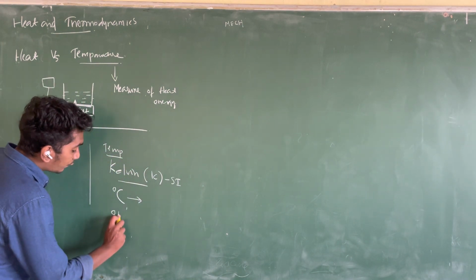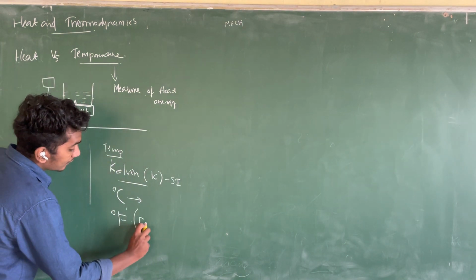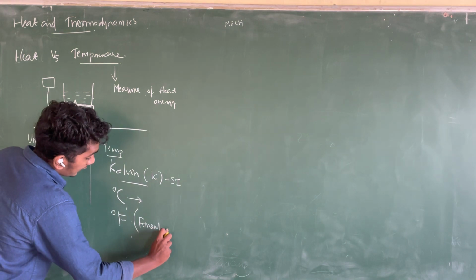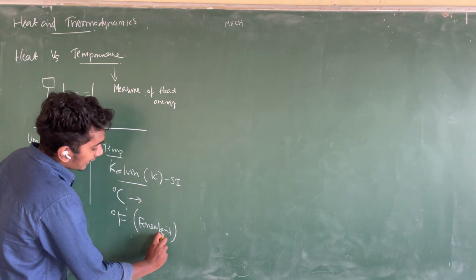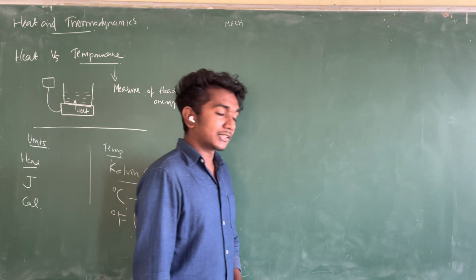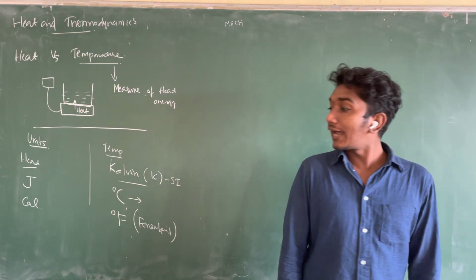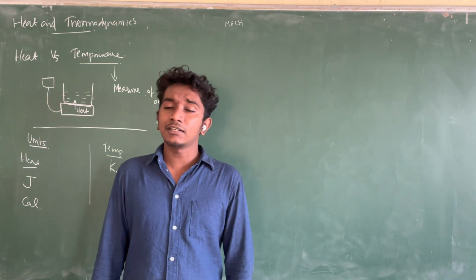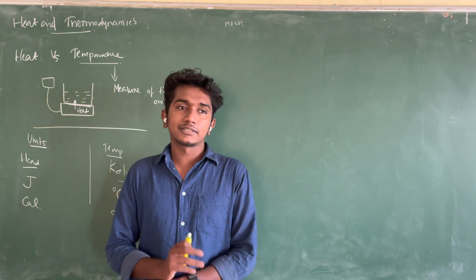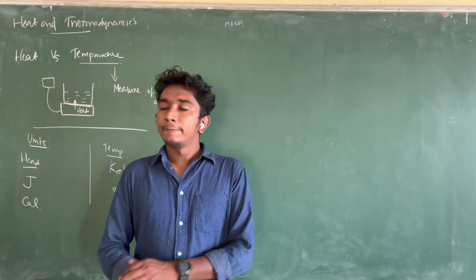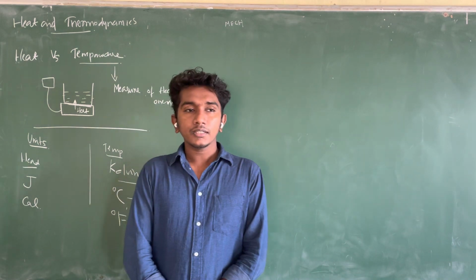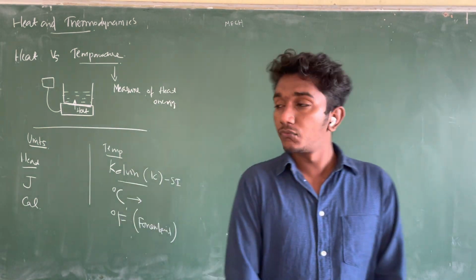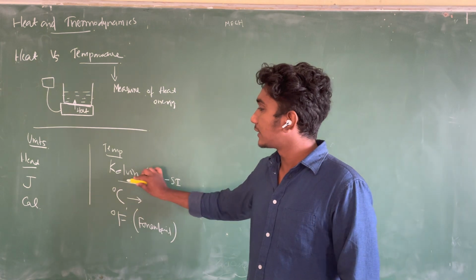Another one is degree Fahrenheit. Degree Fahrenheit is mainly for medical purposes. Other units are also there, Rankine, Réaumur and so on, but the conversion is not in the syllabus, so we don't need that. So these are the units of temperature and heat.